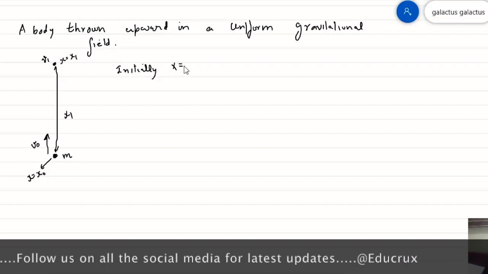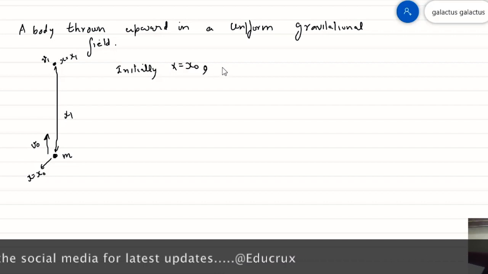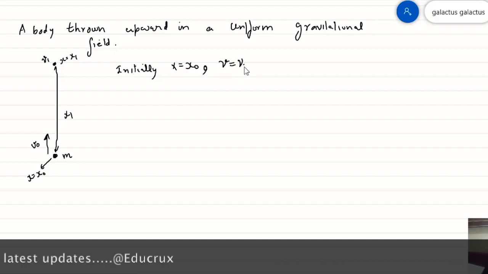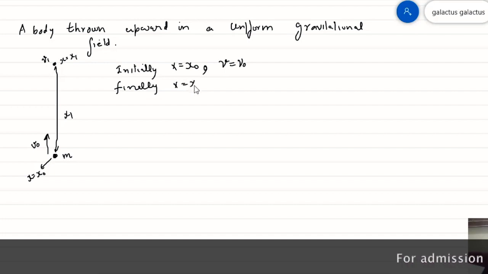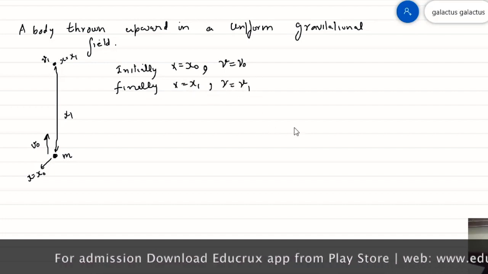Initially at x is equal to x naught, the velocity of the particle is v naught, and finally at x is equal to x1, the velocity of the particle is v1.